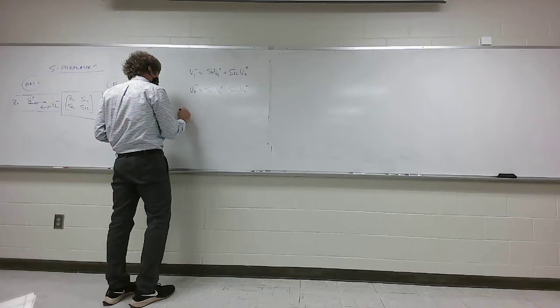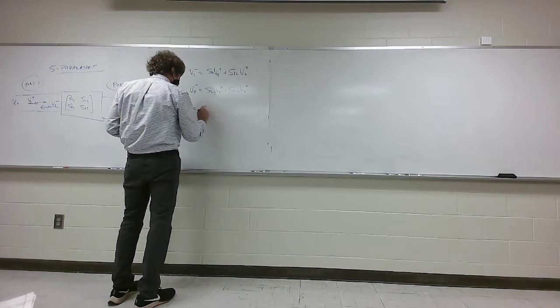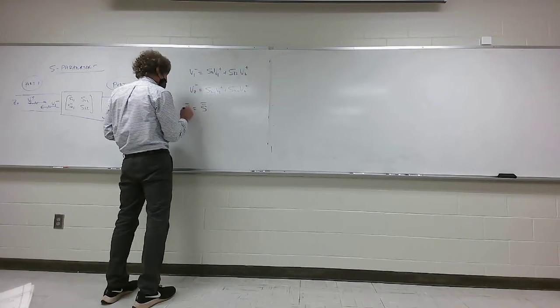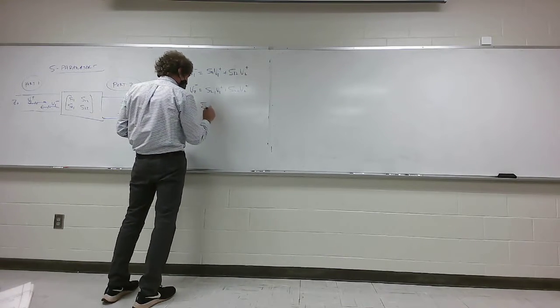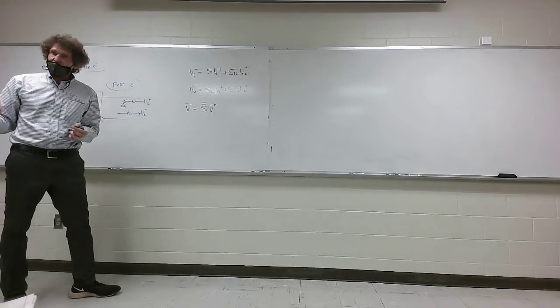In general it's given as this: regardless of the number of ports, V minus is equal to some matrix S times V plus. That's the way it's a lot of times written.